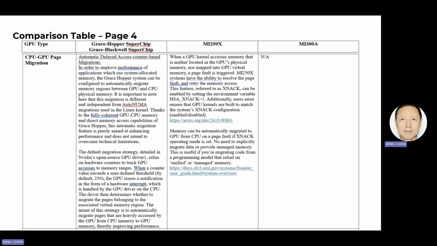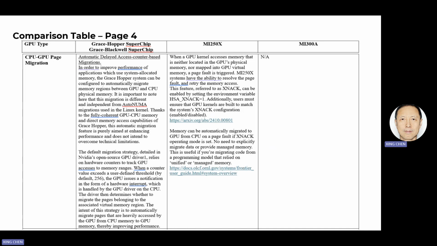So basically, the programmers don't want to care, but they have to care about this kind of memory, because we have a difference of bandwidth for these two kinds of memory. The best situation is that if you have a GPU working on the data, the data should be in the GPU's memory, in the HBM, because you are going to have a high bandwidth.